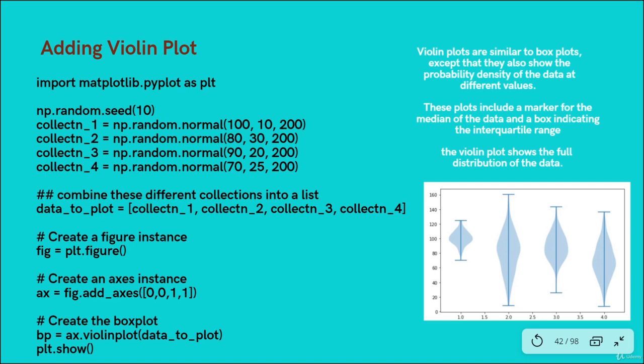Writing code for a violin plot is very simple, exactly similar to the box plot. This code is exactly similar to what we did for the box plot in the last session. Again, we have generated these four datasets: collection 1, collection 2, 3 and 4. I told you the significance of using random.seed while generating random numbers in the last session.